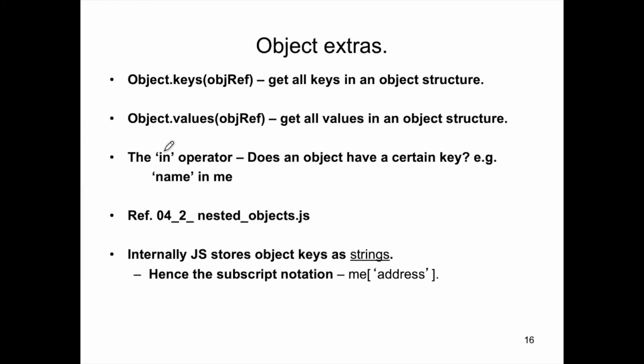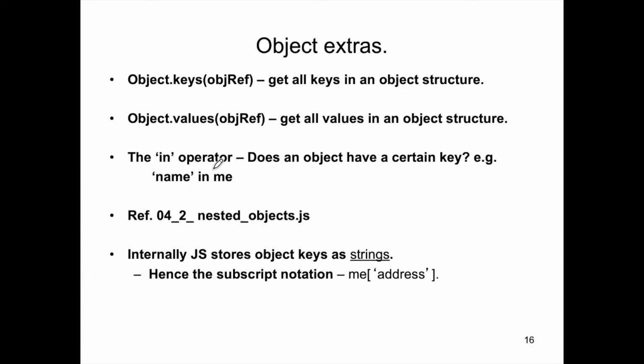There's also a token introduced in more recent versions of ECMAScript, the in operator. The in operator allows you to write expressions like this, which you might write in an if statement, where essentially what you're doing here is checking to see, does this object contain a key named name?